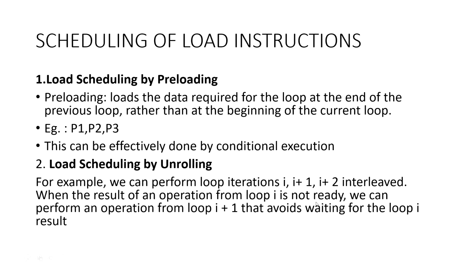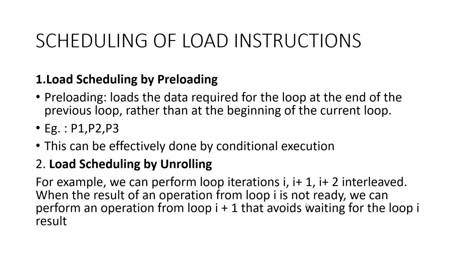In normal operation, the result of iteration I should be ready, and that will be used in I plus 1. The output of I plus 1 should be ready, and that will be used in I plus 2.